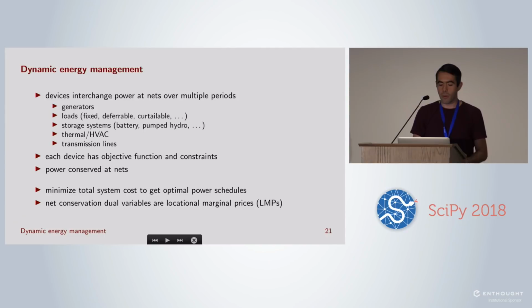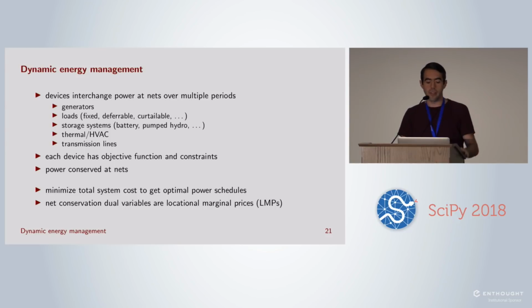So here, imagine you have a bunch of different devices, like generators, loads, meaning things that use power, storage systems like batteries, thermal, HVAC. So these you can vary, for example, what level the air conditioning is on if power is really expensive. Transmission lines, those lose some power.